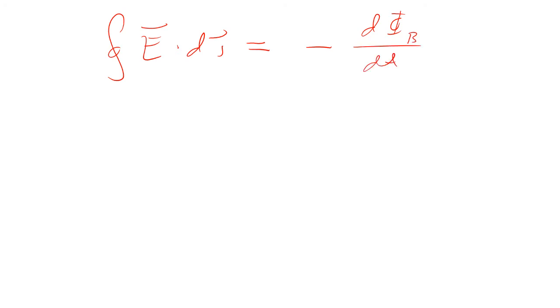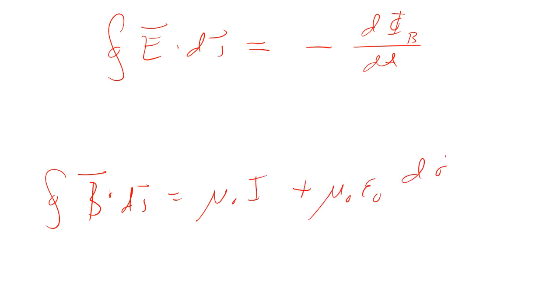Now, compare this with Faraday's law, which we've already talked about. So Faraday's law was integral E dot ds equals minus the rate of change of magnetic flux. Now we have integral B dot ds, and that's equal to mu naught I plus mu naught epsilon naught, rate of change of electric flux.